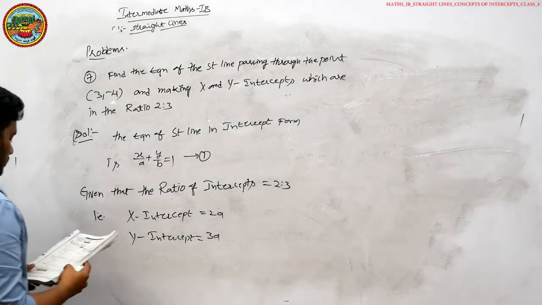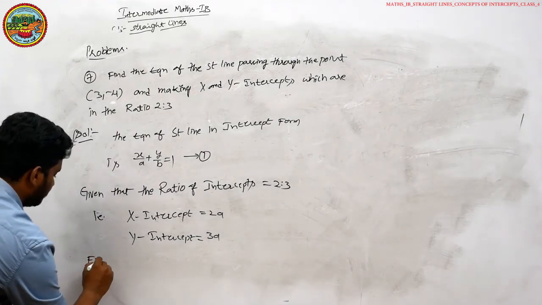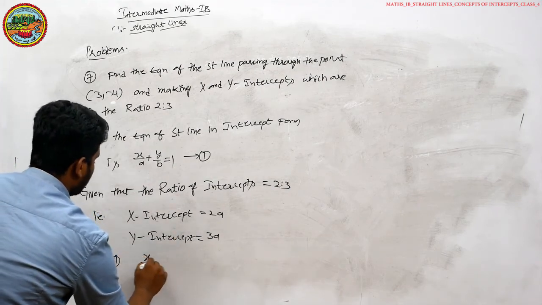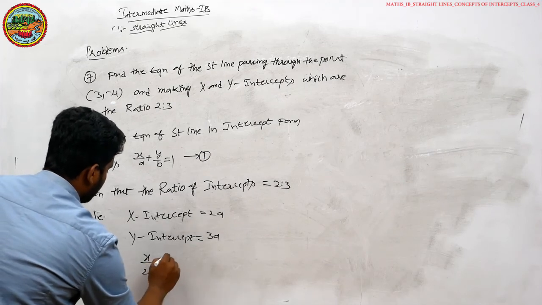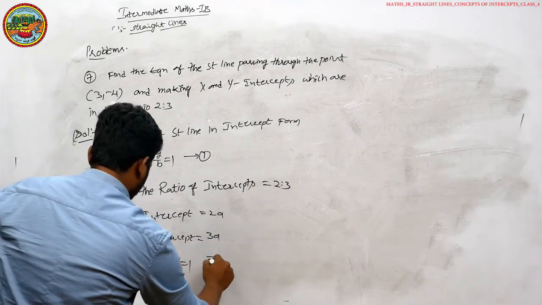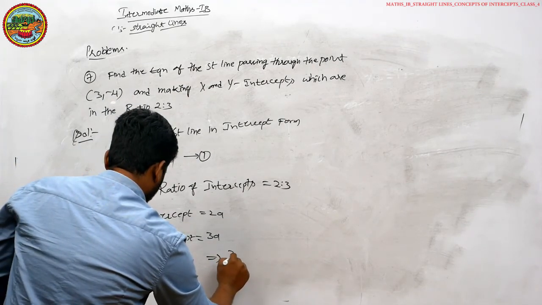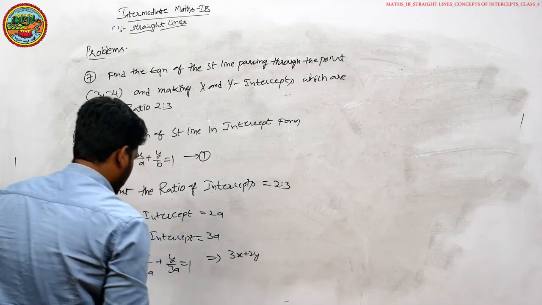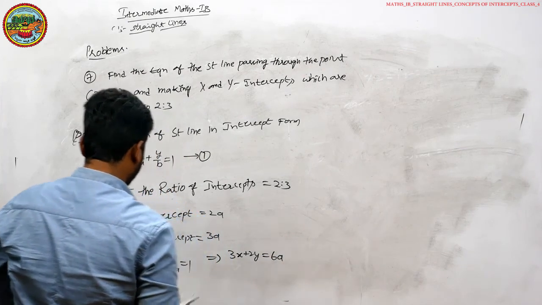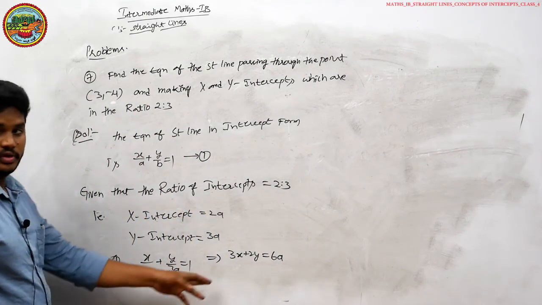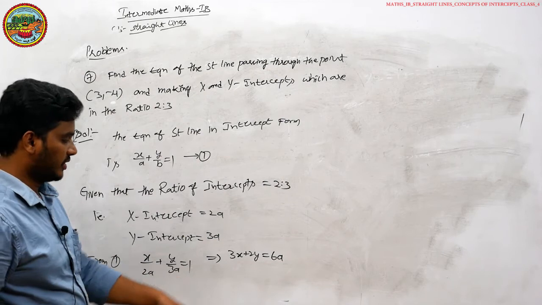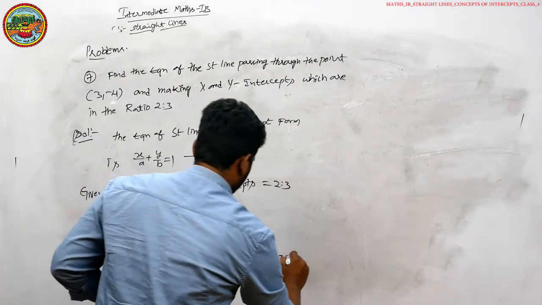So from 1, x by 2a plus y by 3a is equal to 1, which implies, by taking LCM 6a, 3x plus 2y is equal to 6a. So this is equation number 2.